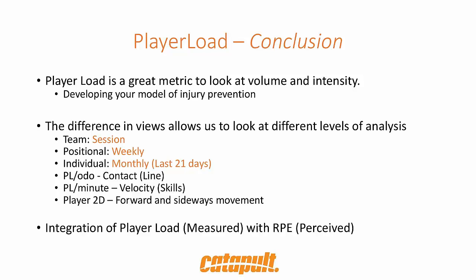And then also diving into player load 2D, is it worth our time to explore that metric a little bit more, looking at just the forward and sideways movements, and what other metrics we overlay that with. And getting into the RPE, why is it advantageous to look at perceived versus measured, and if there's a disagreement, being able to physically see that on a chart and dig deeper in your level of analysis.